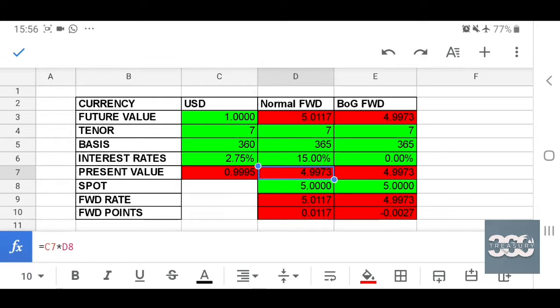So we invest the cedi for 7 days and it matures at the future value, which is 5.0117. And just like we did for present value, we need to tweak that interest rate. So we multiply the interest rate by the tenor of the forward and divide by the basis.